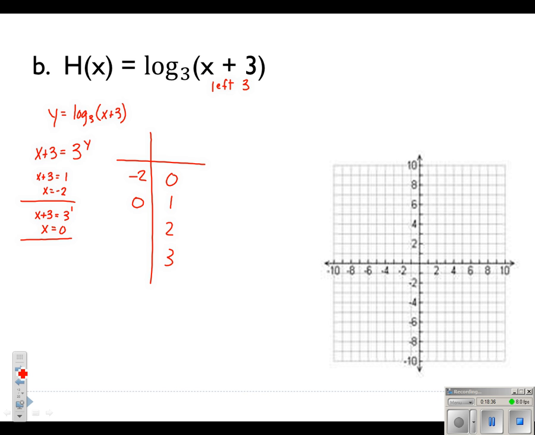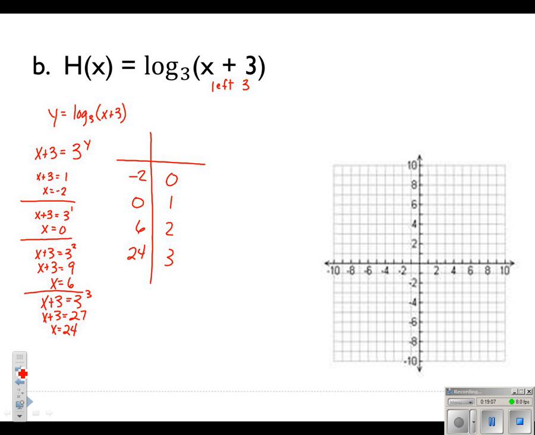If I put in 2, then I have x plus 3 equals 3 squared, x plus 3 equals 9, or x equals 6. And the last y that I chose, if I put that in there, I have x plus 3 equals 3 to the third, or x plus 3 equals 27, or x equals 24.